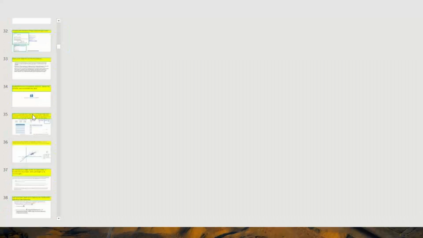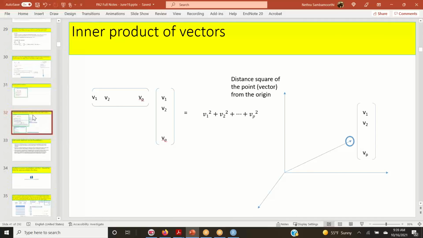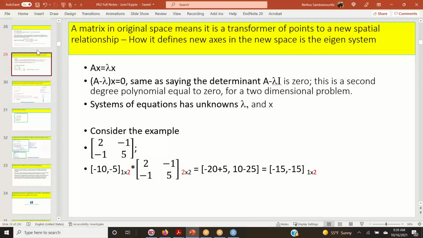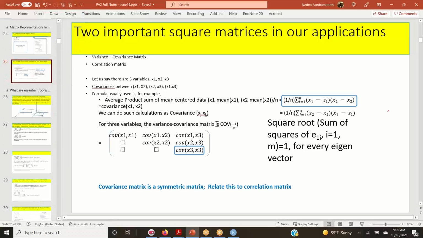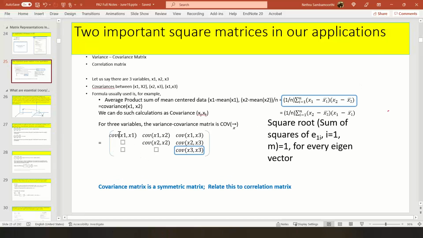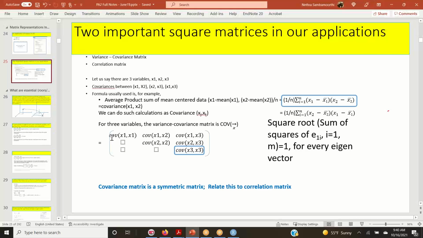So let me go back to that variance covariance expression. I just want to get your attention here. Covariance is the inner product between two different vectors. If it is the same vector, it is the distance square, and it is very close to the variance, because this one is the product of itself.